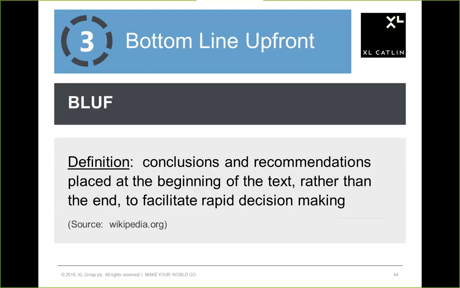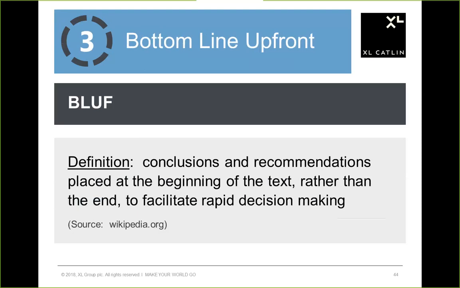The third thing, and this is taken from the United States military, is bottom line up front. Right out of the gate, at the beginning of our email, we want to state within the first 2 lines of the message why we are writing this email. We don't want to bury the lead.